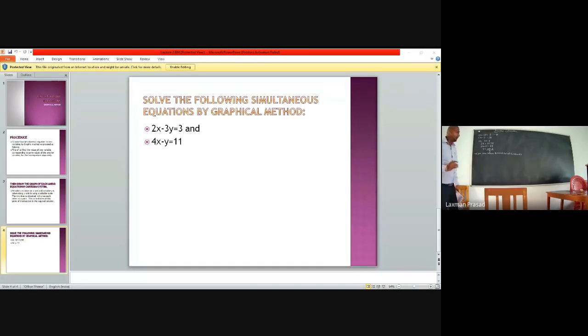Is it okay? We give some value to x and find out the value of y.